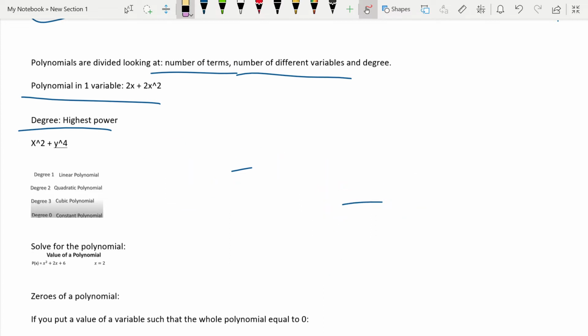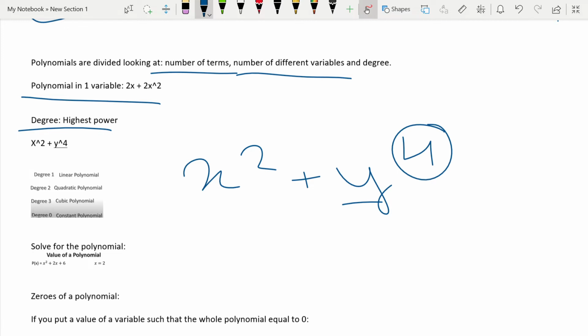Many times I've told you guys this, but I will always keep saying it so that you remember it. Take x squared plus y to the power of 4. What's the degree of this? Where is the highest power? It's 4. So the degree is 4. Okay?